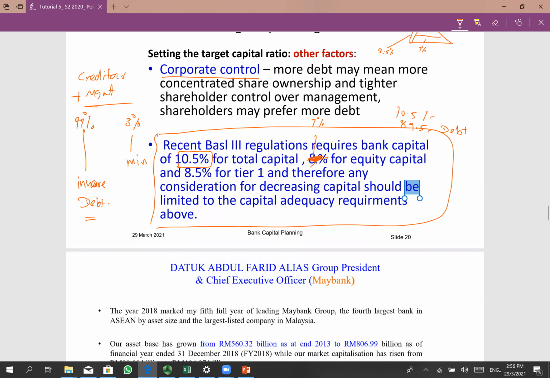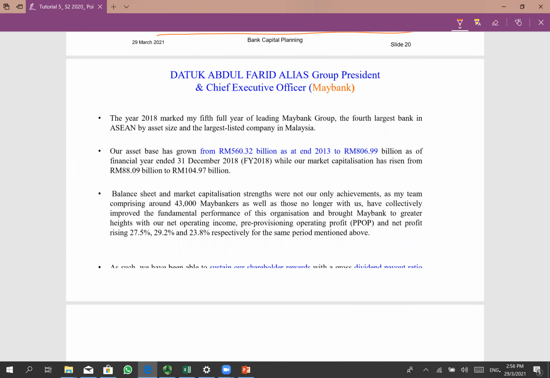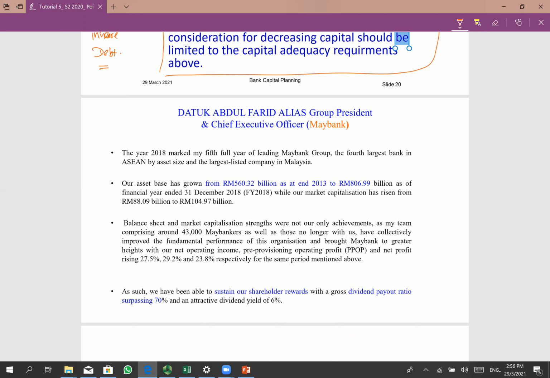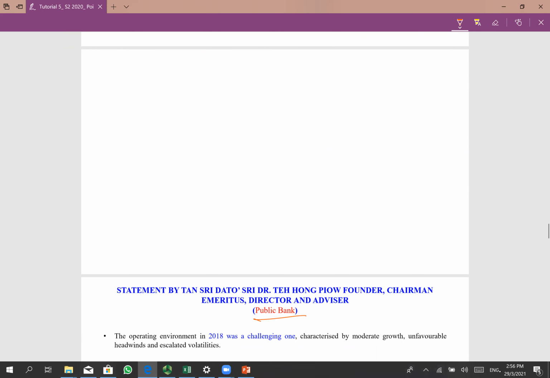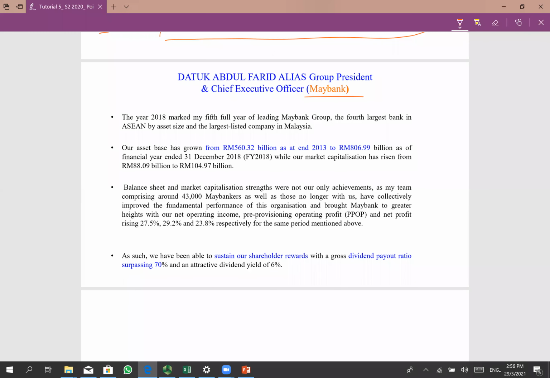Now we are actually done. There is nothing here, but this is coming to the signaling theory. Now in signaling theory, if you look, I take two banks, Maybank and Public Bank, Malaysia, 2018, and I look at their reports.